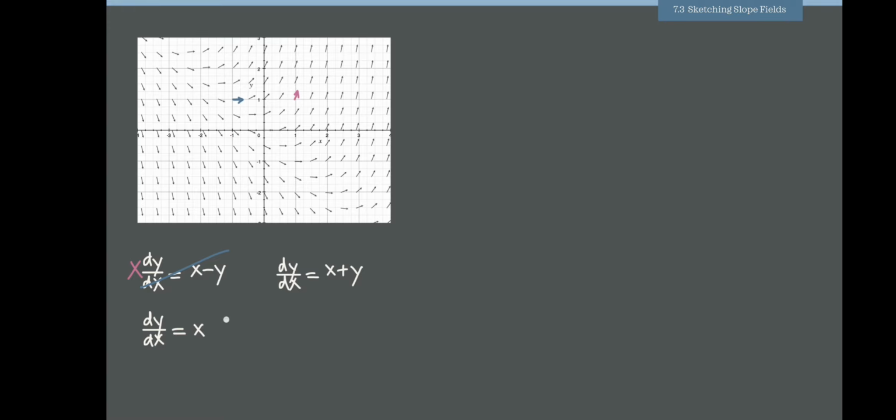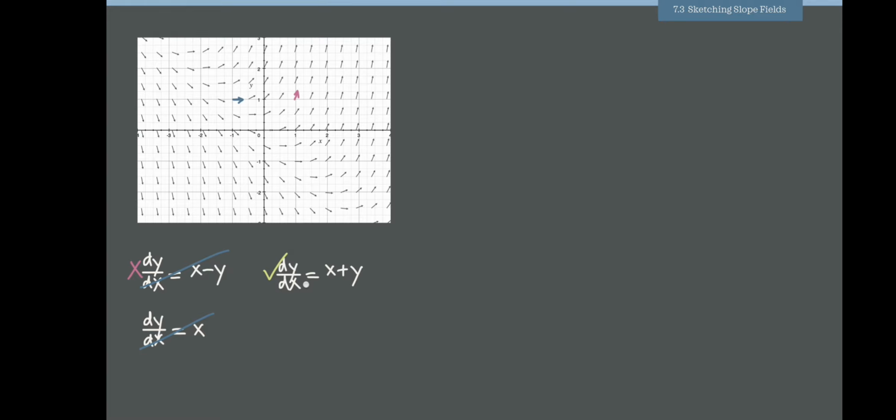For this second equation here, at negative 1, we would get dy over dx equals negative 1. And again, that arrow has a slope more like 0 than negative 1. So it's looking like this one isn't going to be right either. We think it's this one, but let's go ahead and test. So negative 1 plus 1 is 0. And that does look like it has a slope close to 0. So this here is definitely going to be our correct equation.